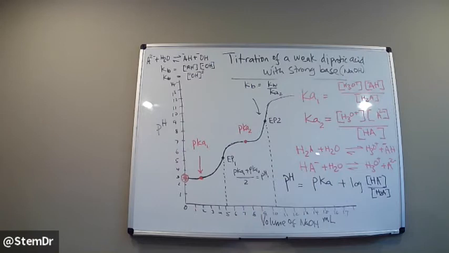For the first proton, this is a dissociation where the hydronium ion and the conjugate base are over the concentration of the acid. Ka2 would be the second conjugate, or the amphoteric acid, releasing its last proton. So you have this equilibrium represented as Ka1, Ka2.